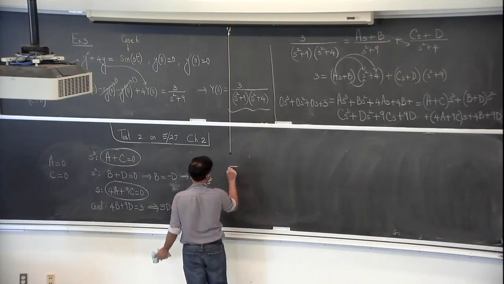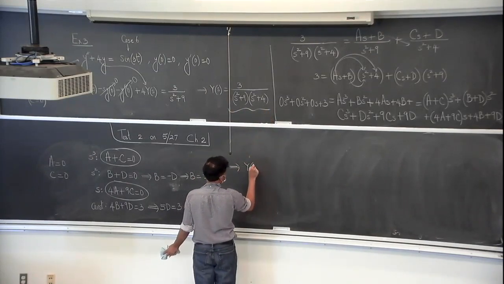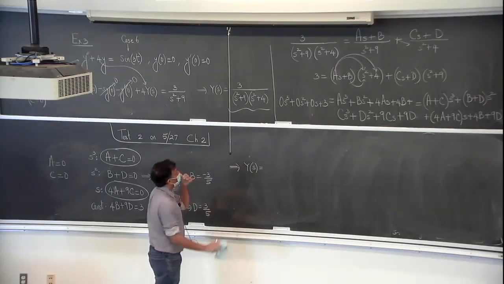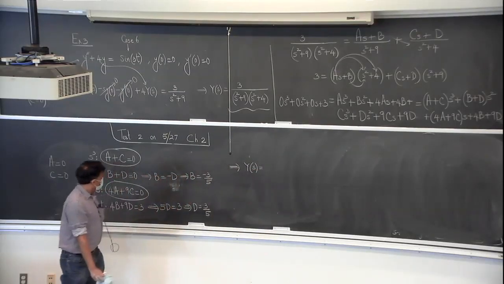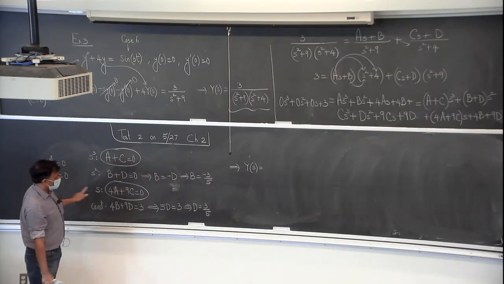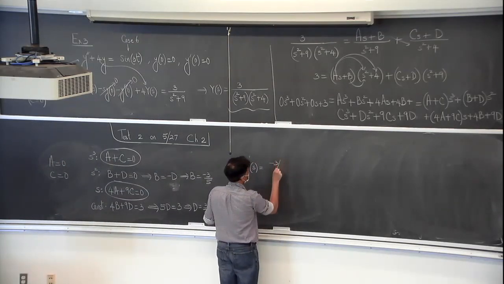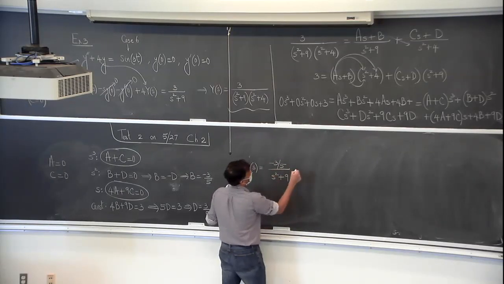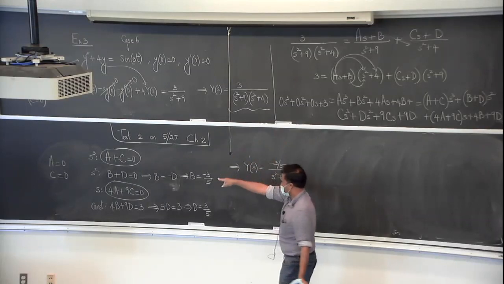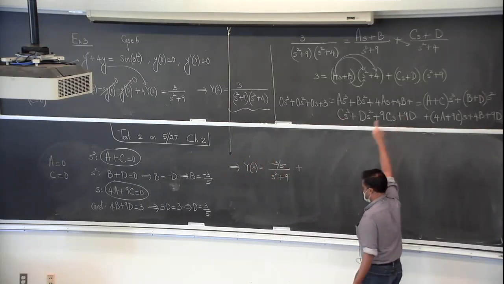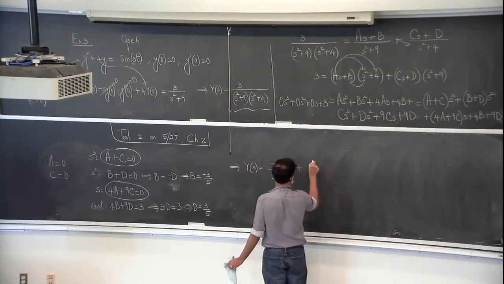So Y of s would be, A was 0, B is negative 3/5 over s square plus 9, plus C is 0, and D is positive 3/5 over s square plus 4.